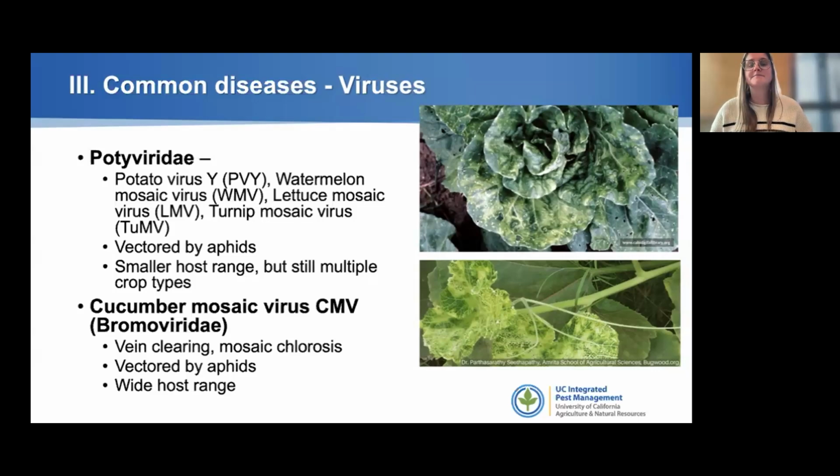Cucumber mosaic virus is specific. It's in a different family than some of the other mosaic viruses. It is a very common virus. It can cause vein clearing and that mosaic chlorosis. It is also vectored by aphids, and it has a pretty wide host range.